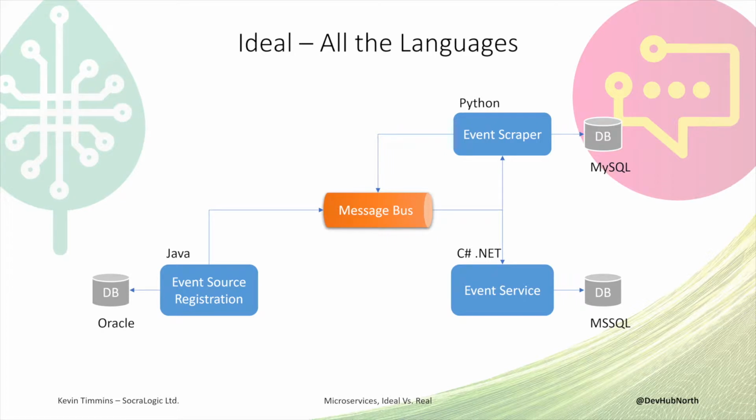So now that we've done a very high level gloss over some of the ideals of microservices, we're going to talk about some of the realities of microservices. But before we do, it is worthwhile talking about why microservices are such a positive thing to do. All of the ideals that we've talked about are genuine value-adding ideals.